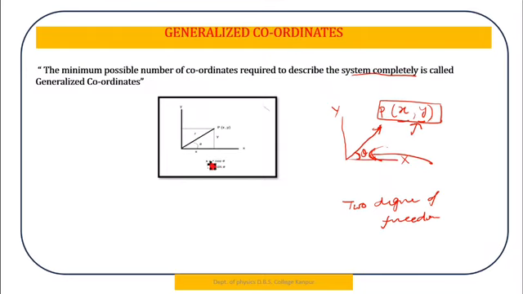Theta and x and y are related by x equal to r cos theta and y equal to r sin theta. x and y are one set of coordinates and theta is another set of coordinates.